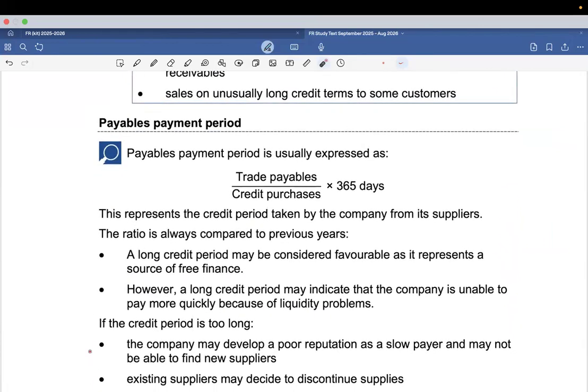Next is the payables payment period. That is trade payables divided by credit purchases into 365 days. This measures how many days a business takes to pay back its trade payables.